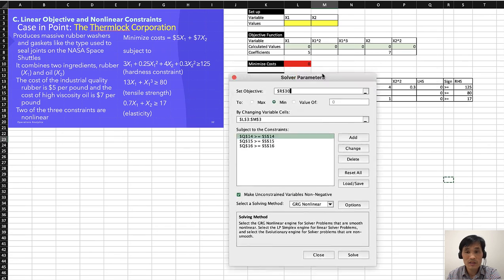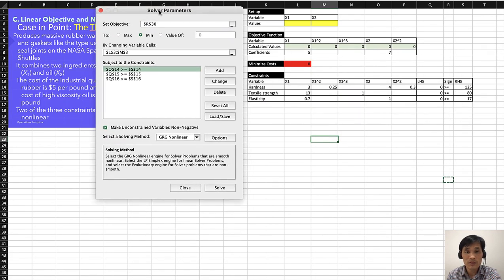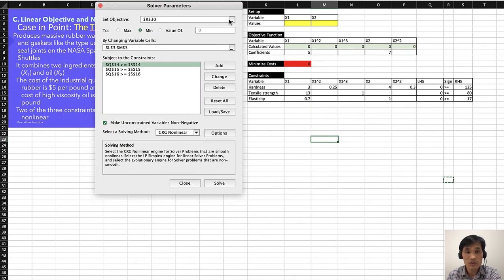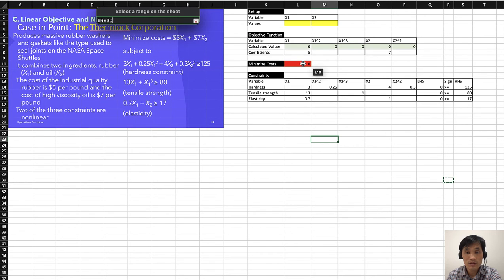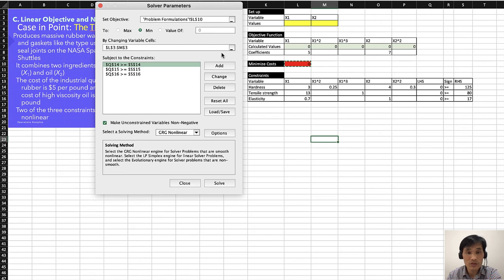Here is our objective function, and this is the changing cells. You have to add the three constraints: Q3 and S14, Q15 and S15, Q16 and S16.